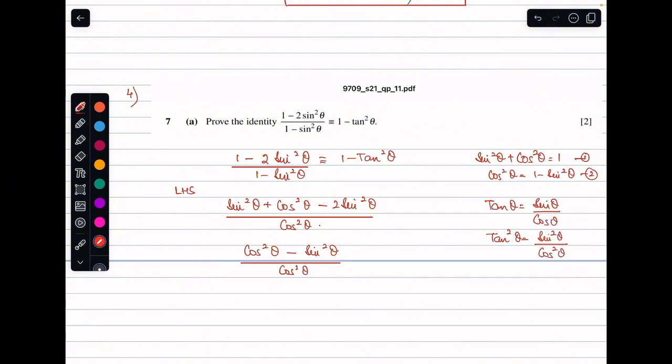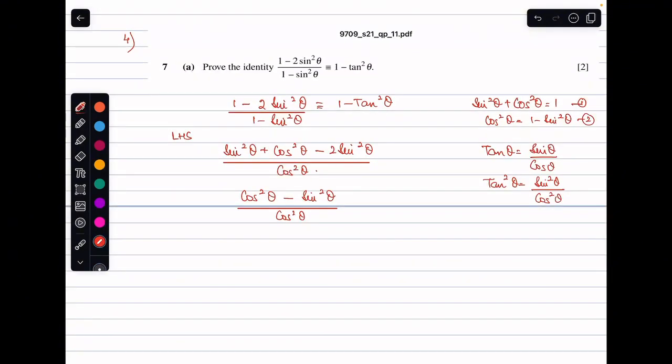So let's start working. I can divide each and every term by cos square theta. And if I do that, this becomes cos square theta over cos square theta minus sine square theta over cos square theta. And further, I can say this is 1 minus tan square theta.